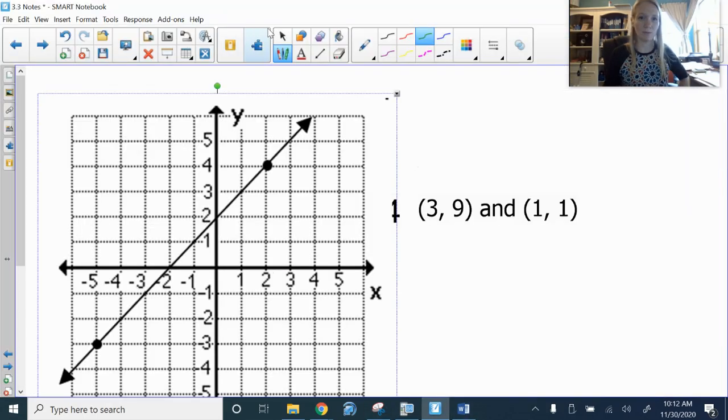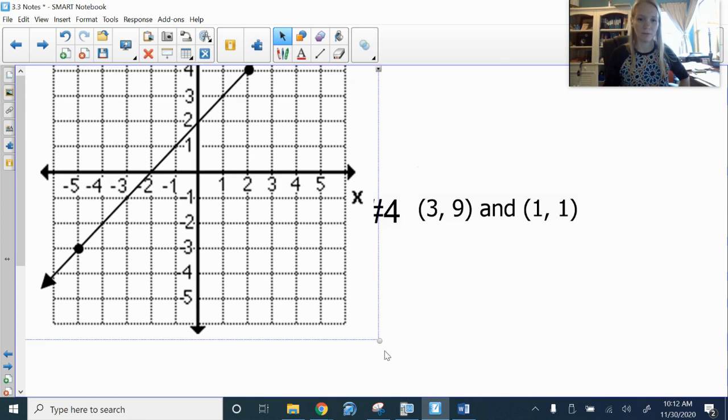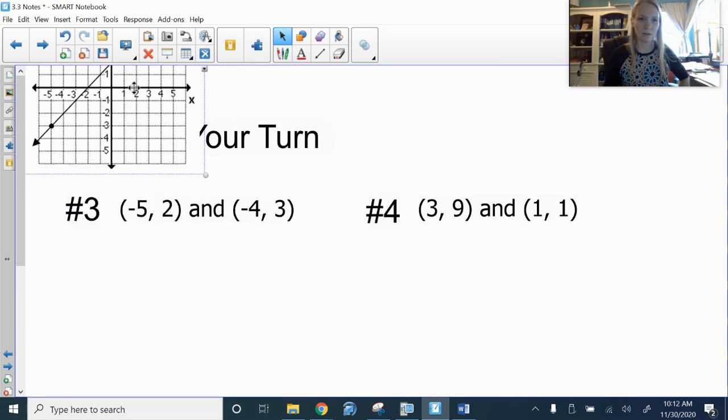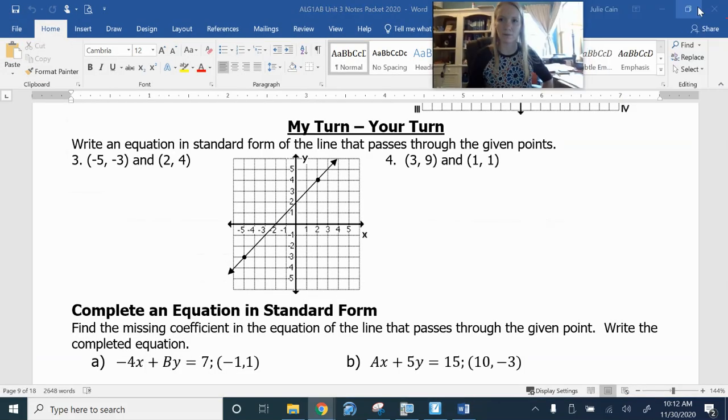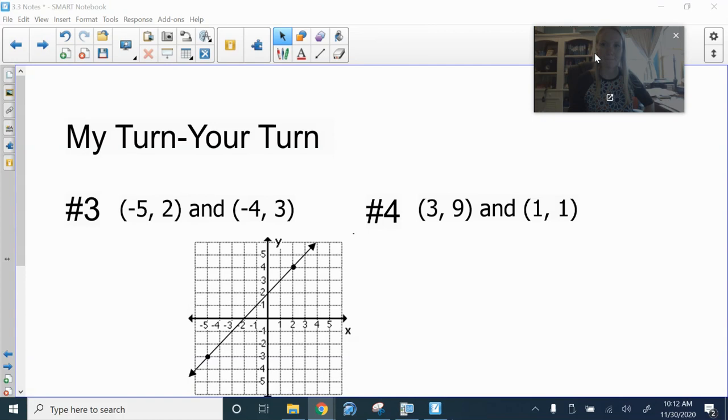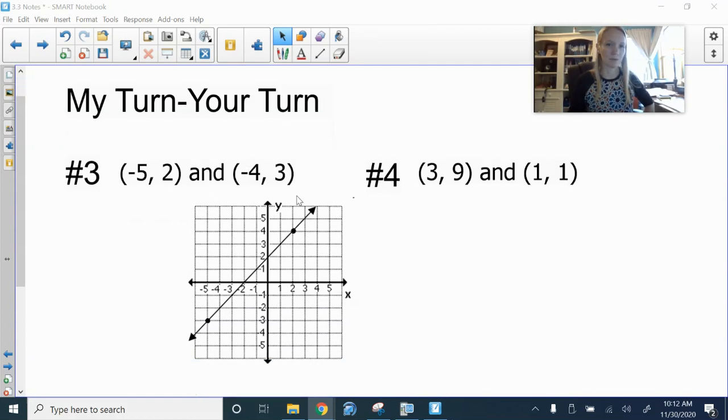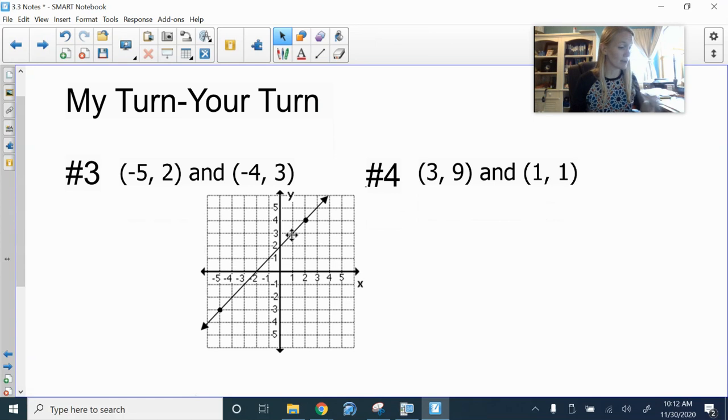Plop that. Whoa, too big. Right into here so that it's a little easier to do. Okay, so let's see here. So number 3, my turn, your turn.